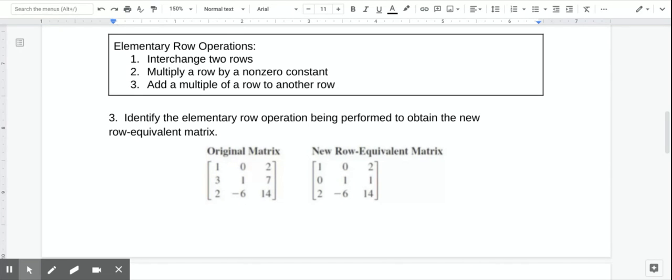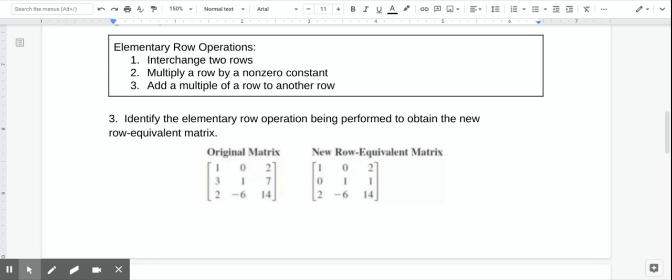So on number 3, we want to identify the row operation being performed. Hopefully you can see that this first row did not change. 102 didn't change, and the third row didn't change, negative 614. So those two rows didn't change. What did change was this middle row.